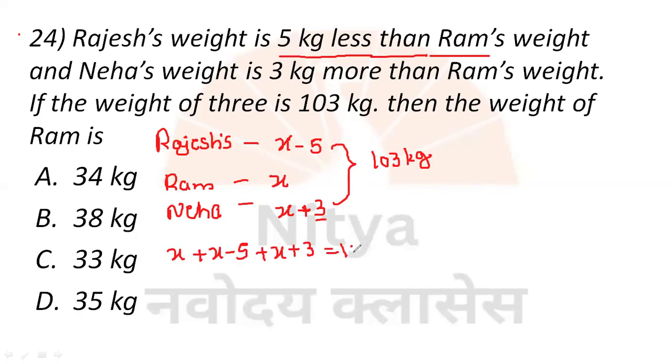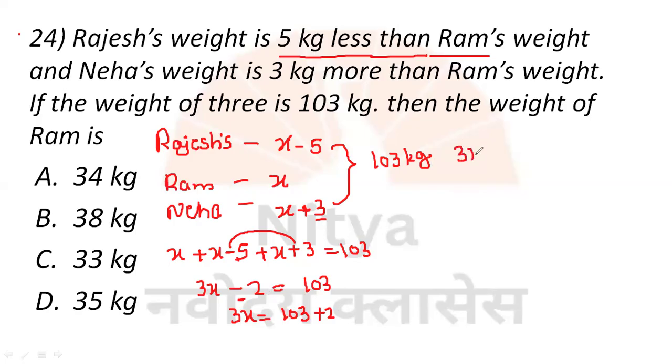So 3x, plus minus 5 plus 3, is minus 2. Here you have to take the larger number's sign, that is minus. So 3x minus 2 equal to 103, and 3x equal to 103 plus 2, because this is a minus sign, and when we transfer it to the right side, it becomes plus.